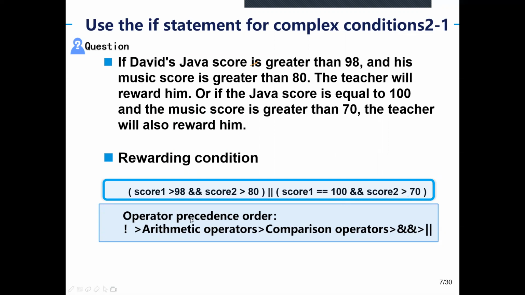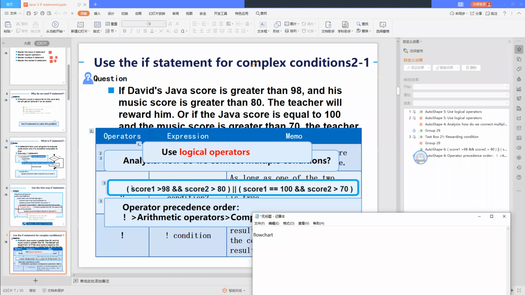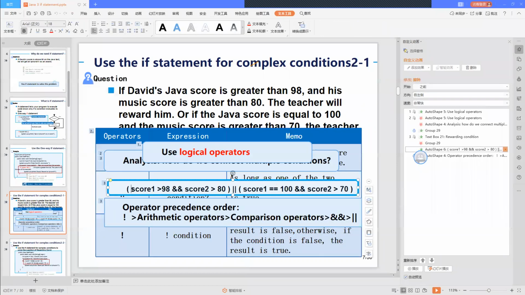Note the operator precedence order. Logical NOT is before arithmetic operators, is before comparison operators, is before logical AND and before logical OR. Maybe this expression is too complex to understand. I will show you how to understand it.